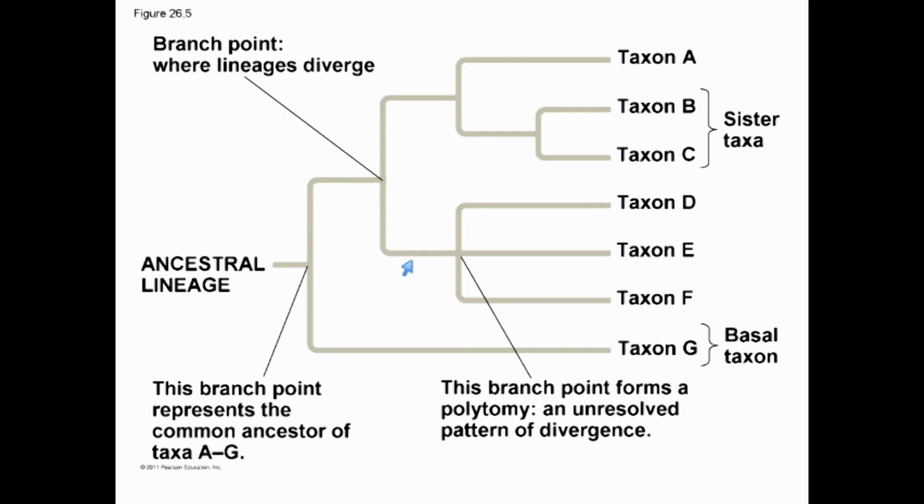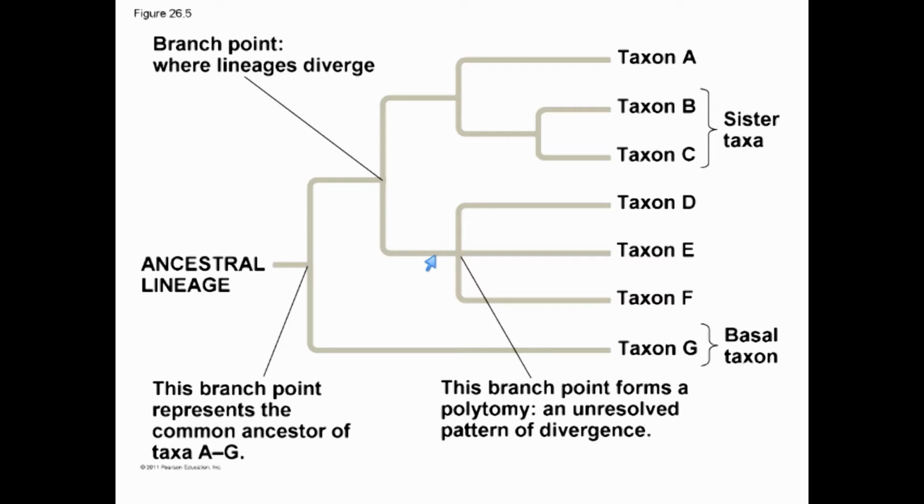One lineage, the one here at the bottom, is going to lead to that polytomy that I had mentioned before. So this leads to taxon D, taxon E, and taxon F. So these are three branches that came from this particular common ancestor that diverged equally at the same time.